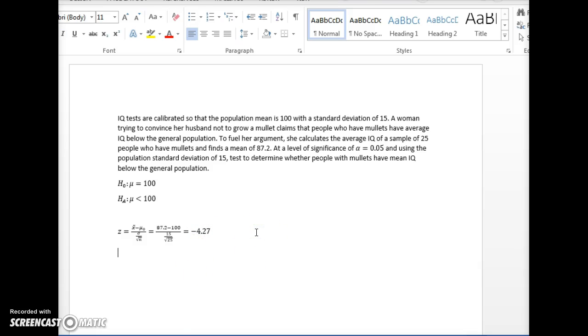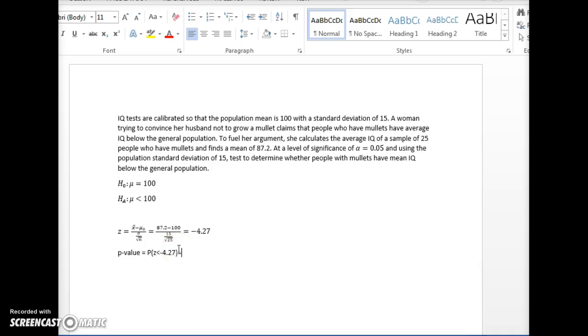So then to get the p-value, that's going to equal the probability that Z is less than negative 4.27. And this less than comes from the hypothesis. Since we're given that mu is less than 100, the less than comes right here. So we look this up on the Z table.